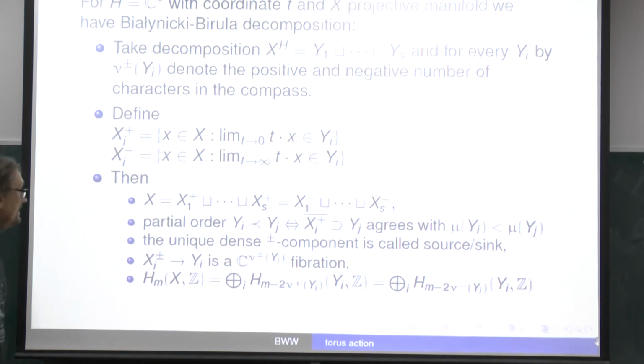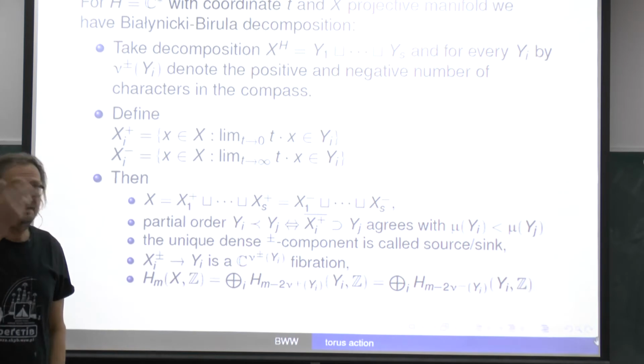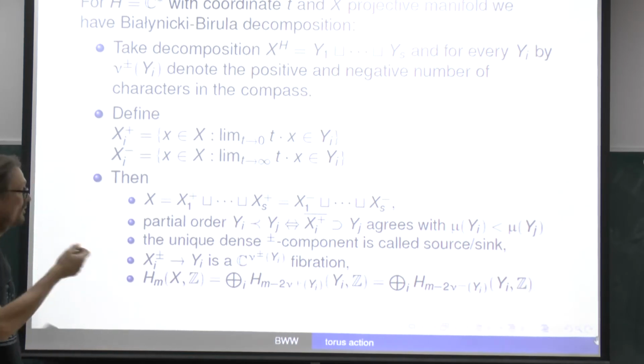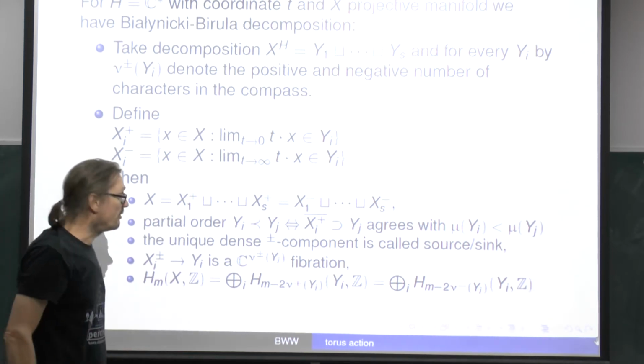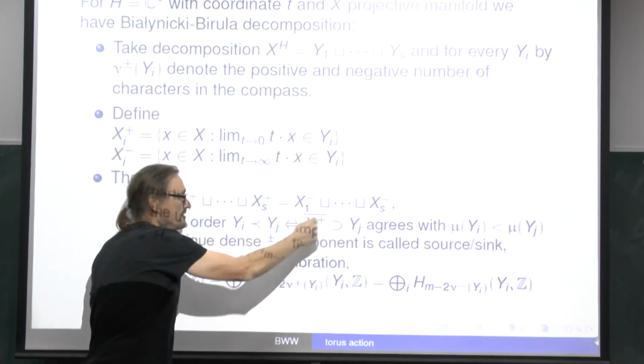And the theorem says that this is the decomposition, right? So actually it has nice properties: these are locally closed, algebraic, etc. What you want, you have a partial order, first of all, associated to the closure.